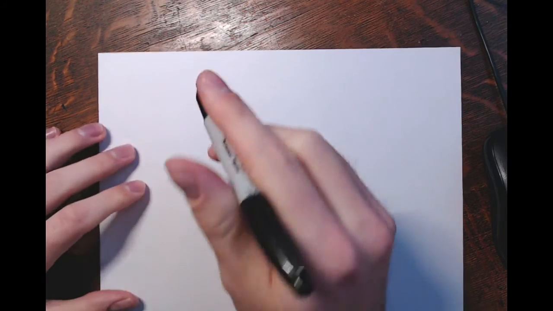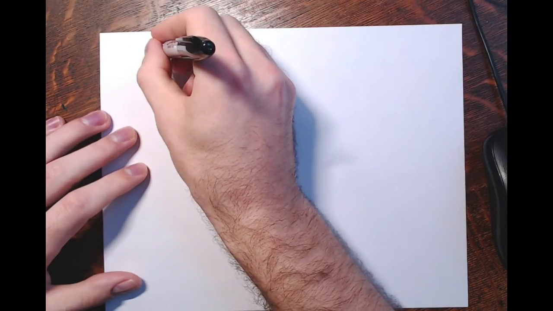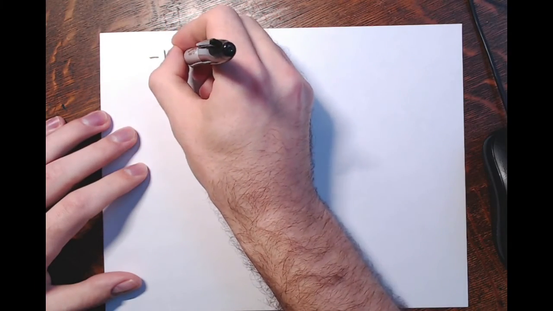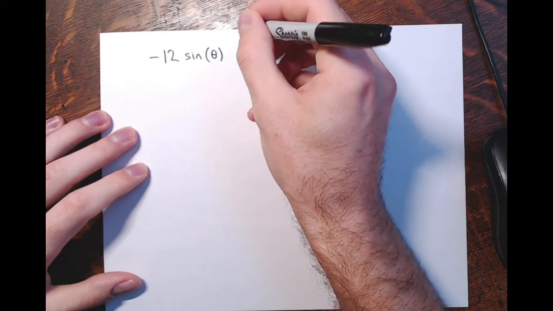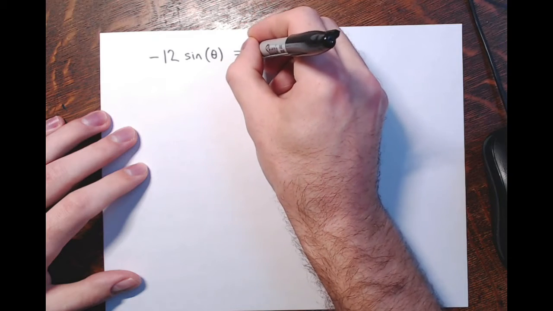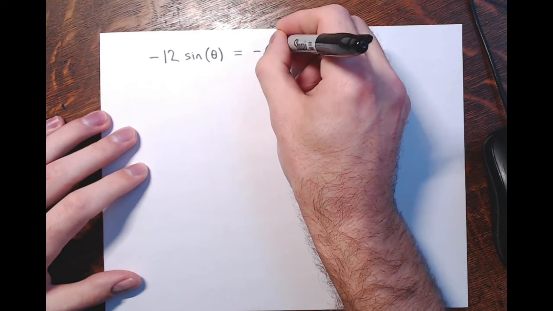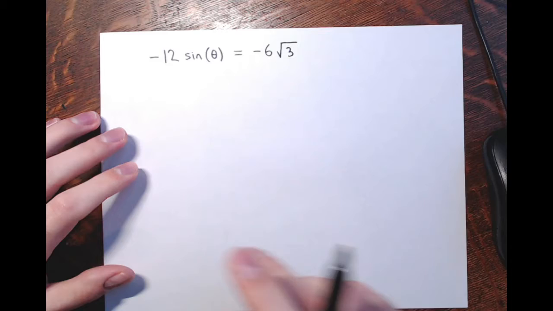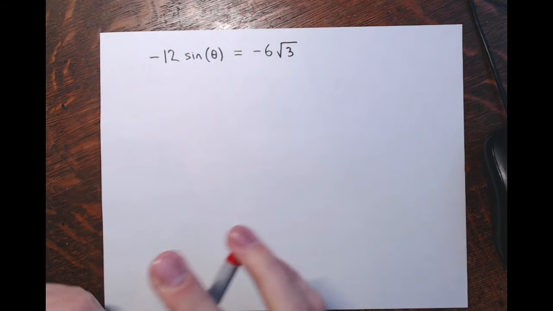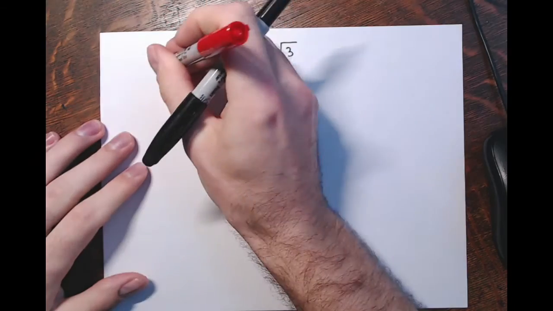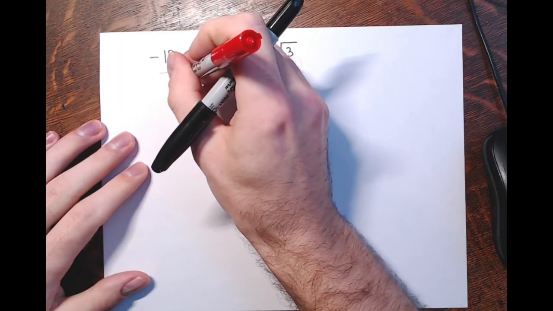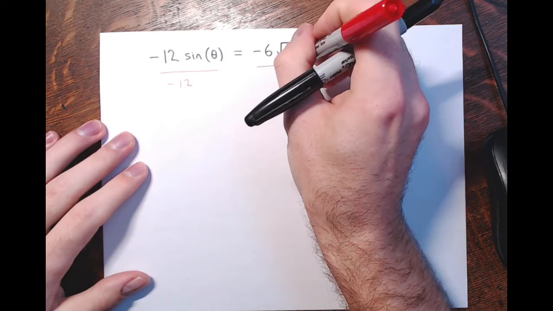Alright, so our equation here is negative 12 times the sine of theta equals negative 6 times the square root of 3. Now if we're to isolate the sine of theta and get that sine of theta alone, I would just be dividing by negative 12. And divide both sides by negative 12.